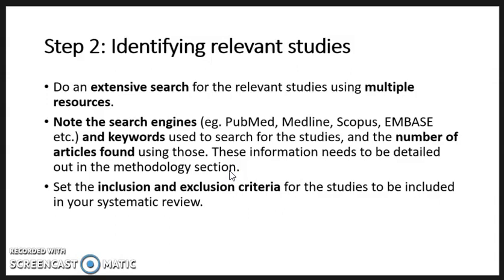And one thing you need to set is the inclusion and exclusion criteria for the studies to be included in your systematic review. Yeah, you can do this before or after you search, because even if you decide this after you search, you need to screen through your articles again later on.